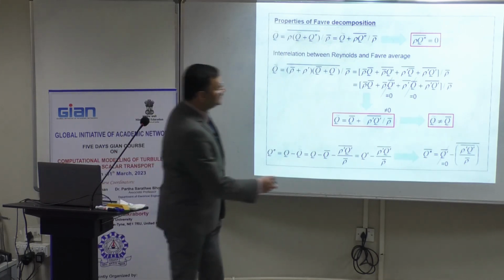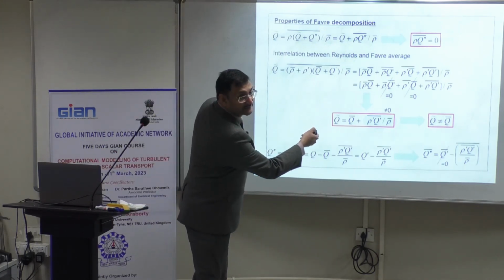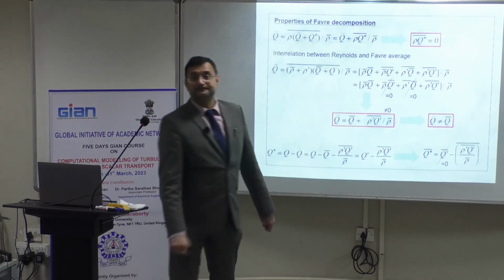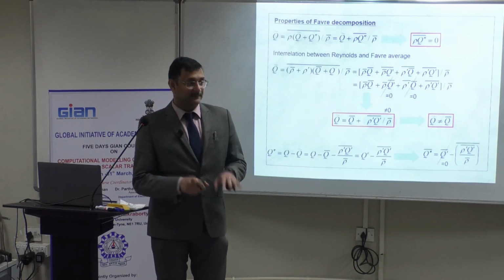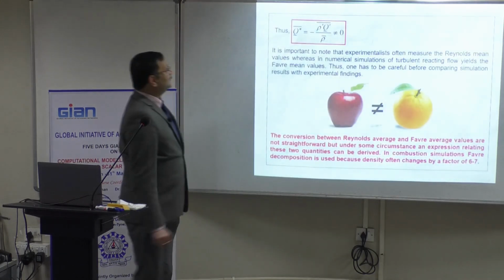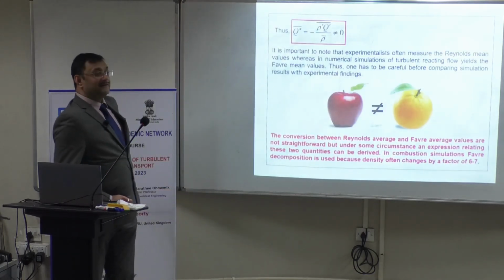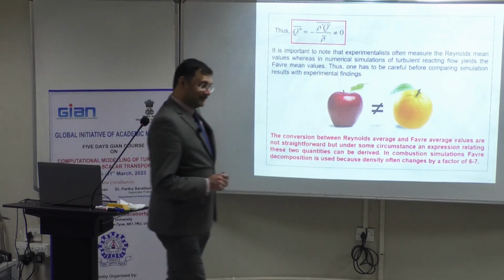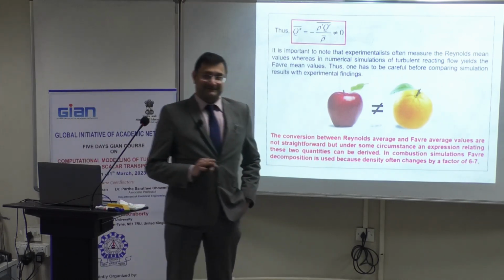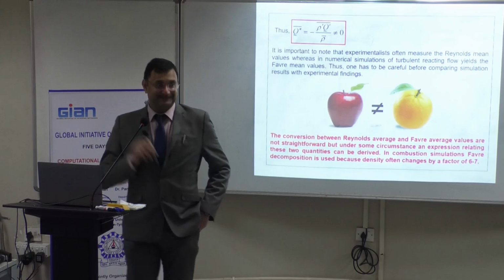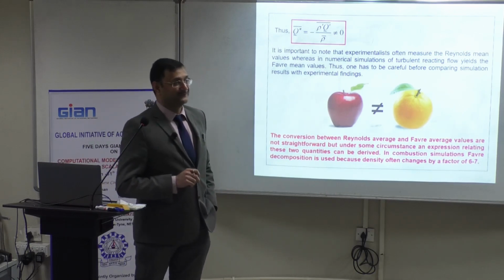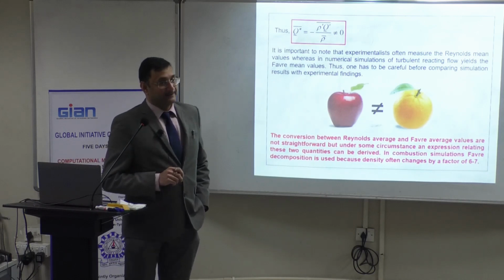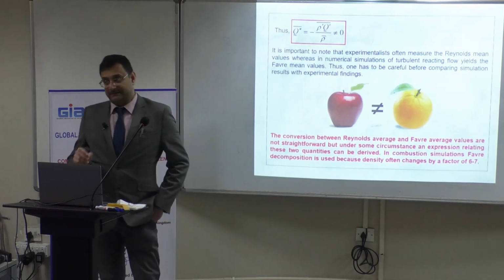It becomes 0 once you density weight. Clear? So it's very, very important to understand that as an apple is not an orange, the Reynolds mean is also not the Favre mean.